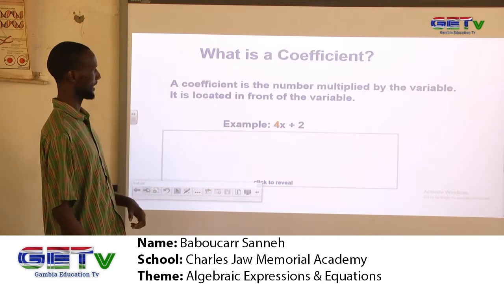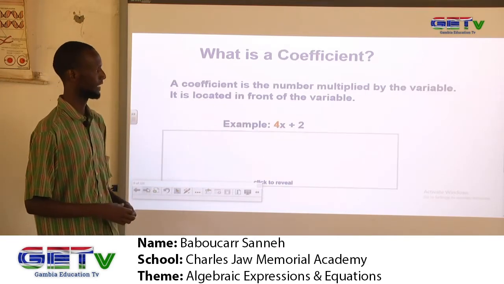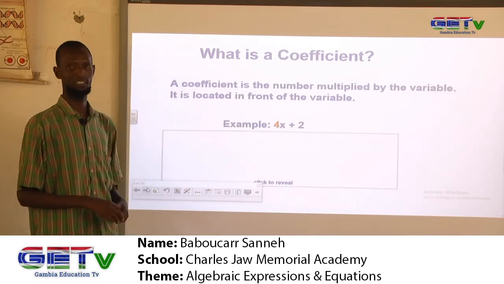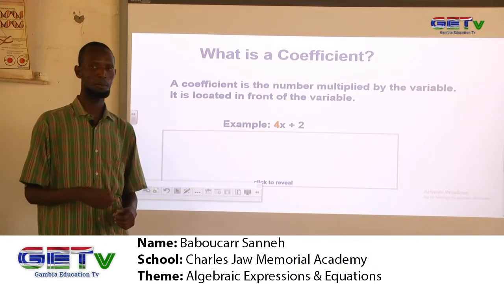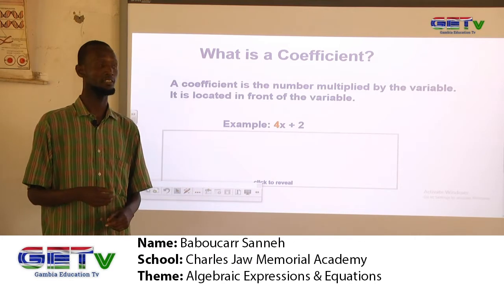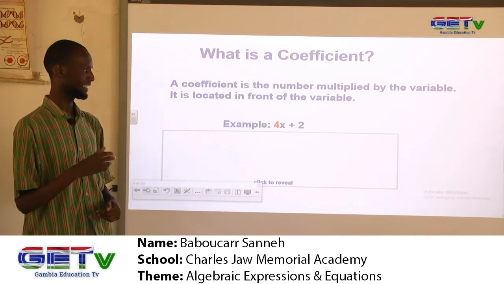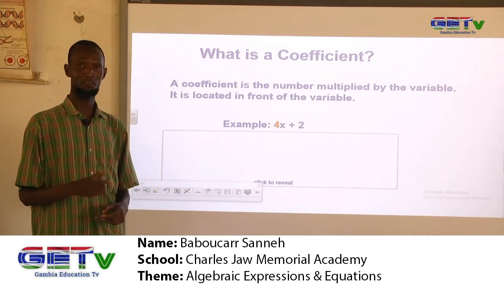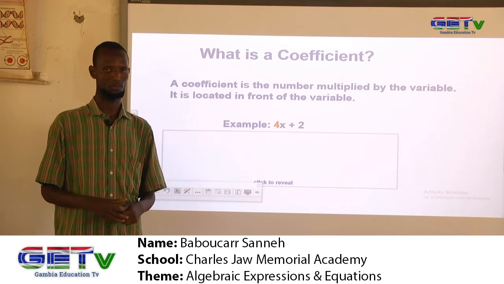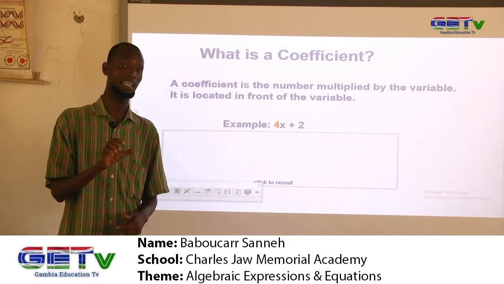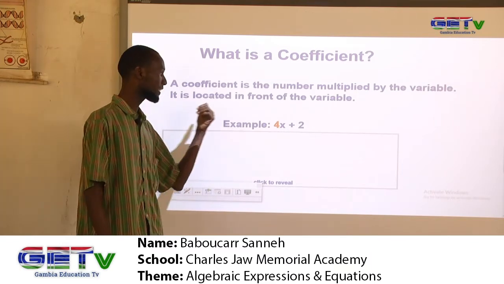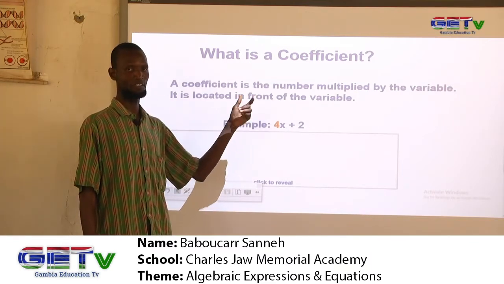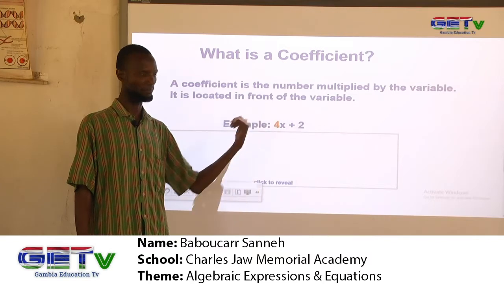Then we move on to our next vocabulary, and that's the coefficient. A coefficient is the number multiplied by the variable. It is located in front of the variable. So we say this number that is being multiplied by the variable, and it is located in front of the variable, which is very important. We'll come back to that.